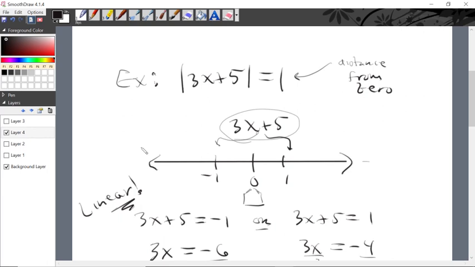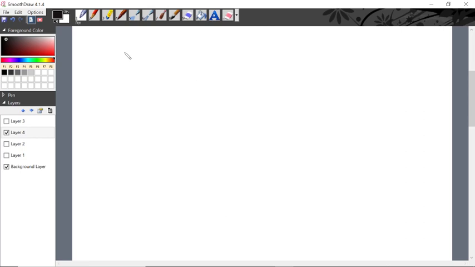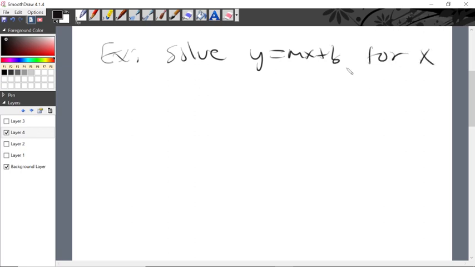There's one more type of exercise to go over, and that is solving a formula for a variable. So, for example, solve the formula y equals mx plus b for the variable x. It's a linear equation. We can consider that x is the important variable to us here.